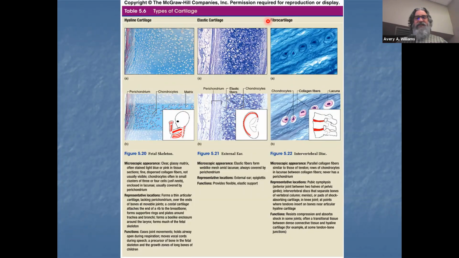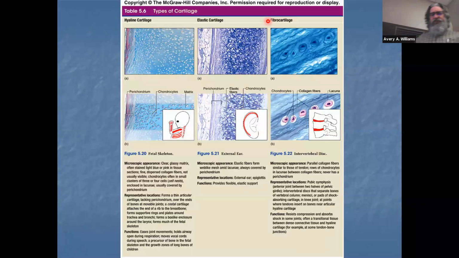All cartilages are connective tissue, but elastic cartilage is a cartilaginous connective tissue that incorporates elastic fibers, okay, just like elastic connective tissue does. Remember, that's the stuff that's in blood vessels and in the lungs and so on and so forth.